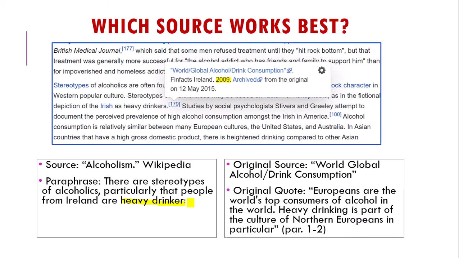This is saying that there's stereotypes, and this is saying, look, our studies have shown that, in fact, this is a big part of the culture, right? So that's something that I would check as an instructor when you do an annotated bibliography. Is the source that you have the best one for your essay? But you can do that on your own. And if you find something like that, catch it and get rid of it and do another entry that you think would work better.